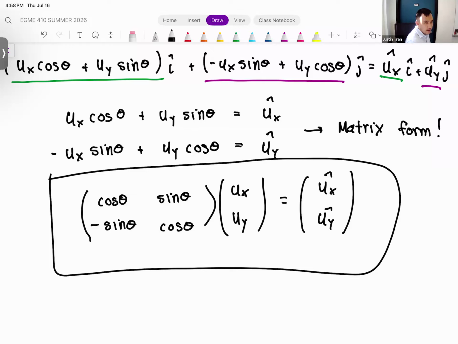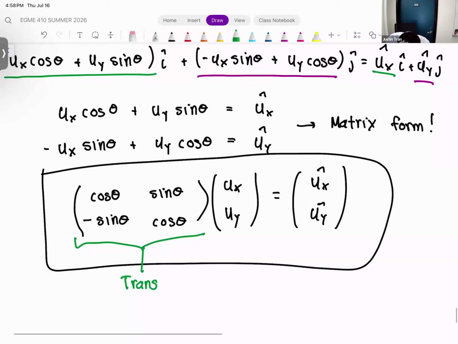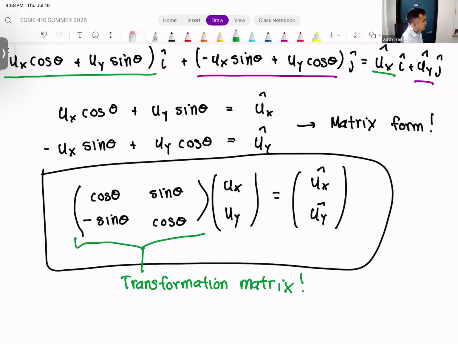All right, so all that work, all that half an hour of looking at triangles and angles and doing algebraic manipulations, what did we get from all that? The main thing we got is this matrix here. This matrix, which is just a matrix of sines and cosines, we call the transformation matrix. And it does one very powerful thing for us.